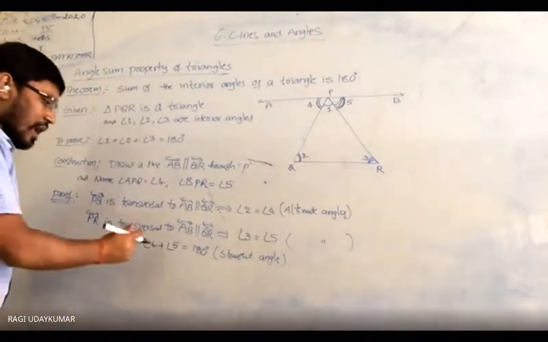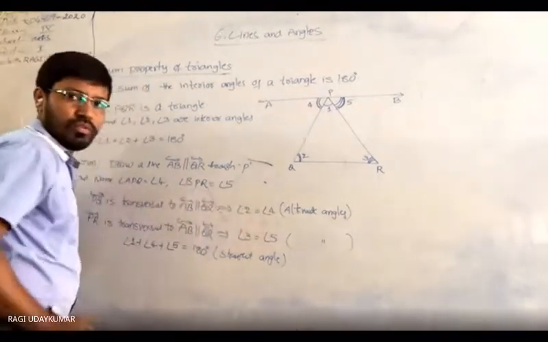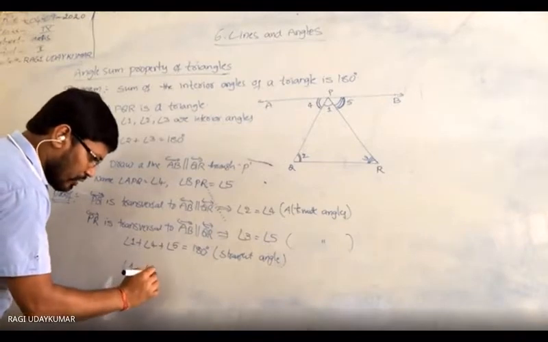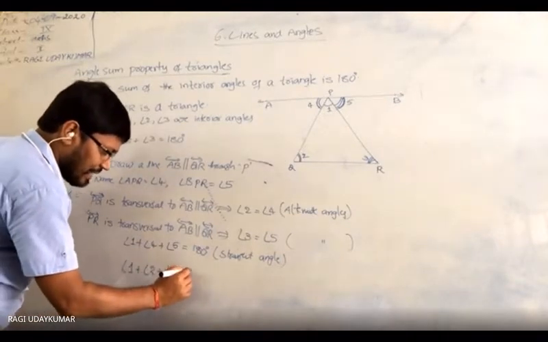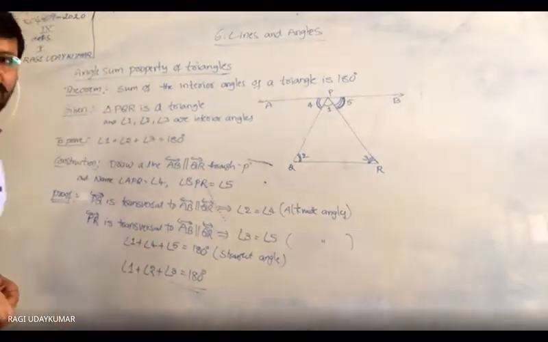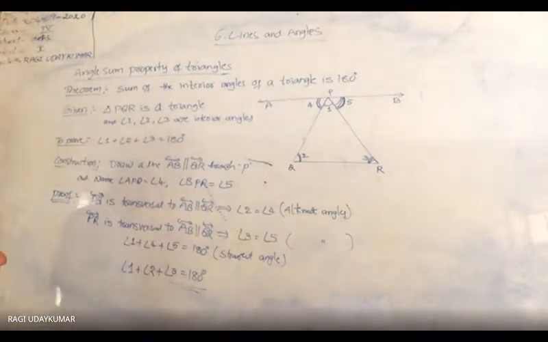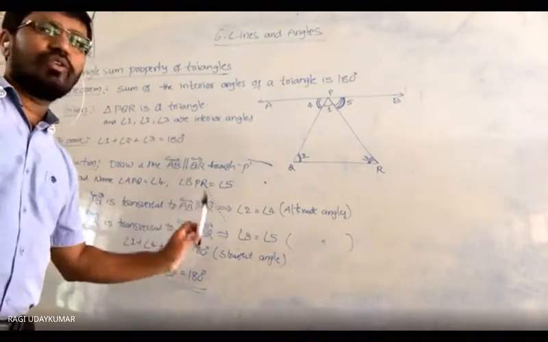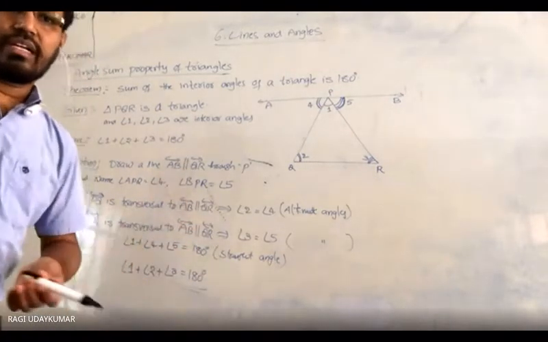Angle 4 is equal to angle 2, so in the place of 4 you can write angle 2. In the place of 5 you can write angle 3, which is equal to 180 degrees. So simple. If you use the alternate angle concept, then you can prove it. This is a very important theorem. That's all you can write. No need of writing more here.